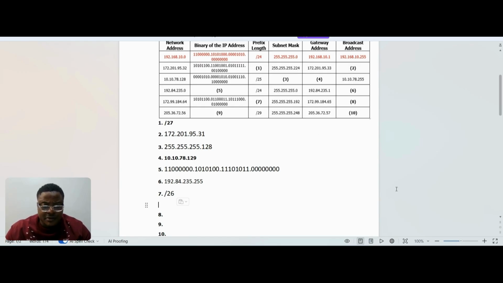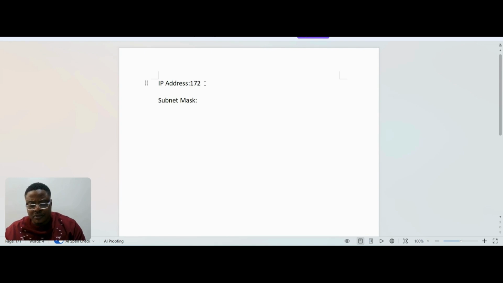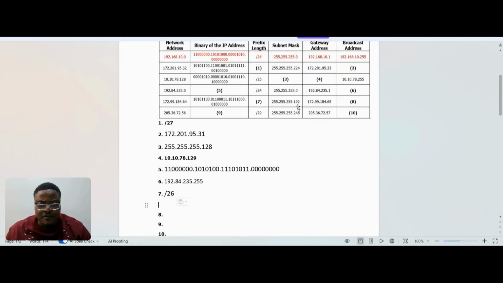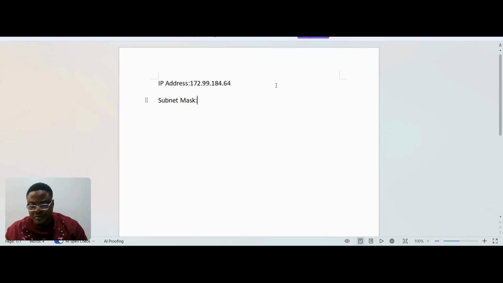Then number 8. I'm going to write out the IP address to get the broadcast address. The IP address is 172.99.184.64, and the subnet mask is 255.255.255.192.